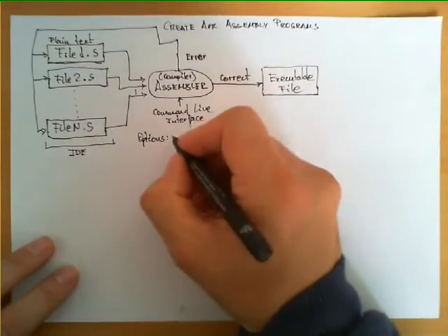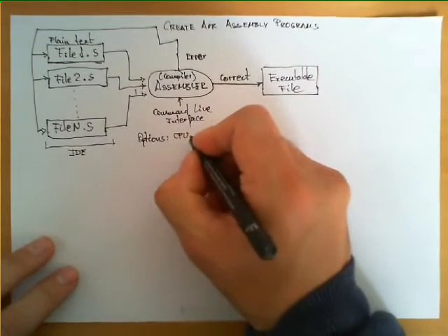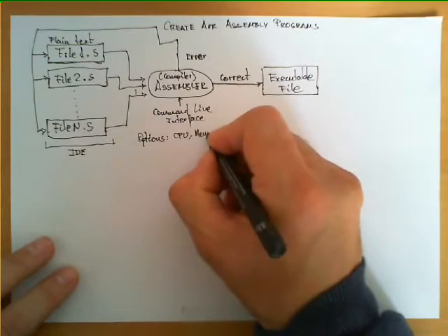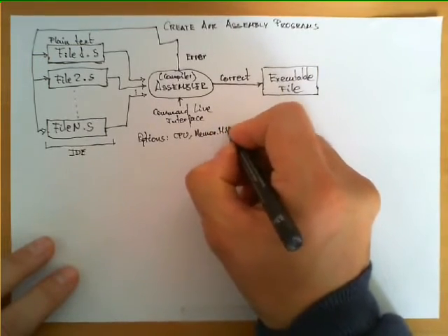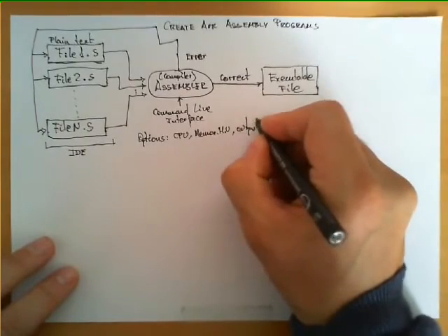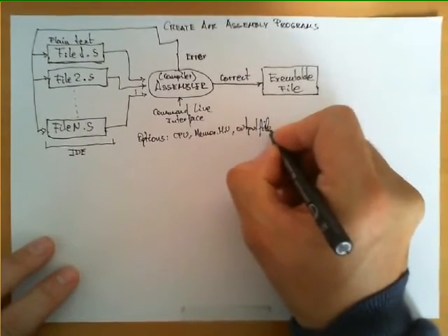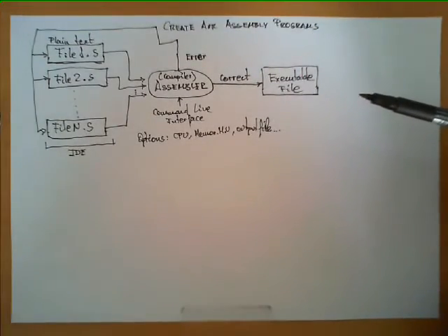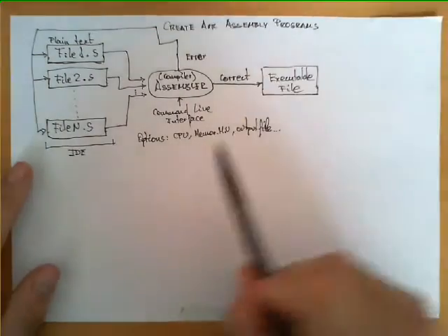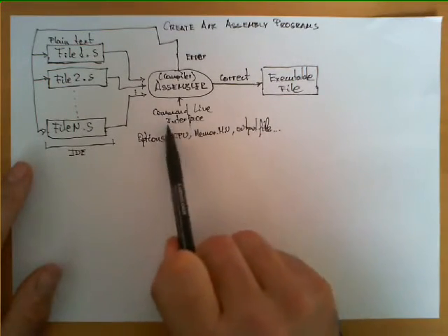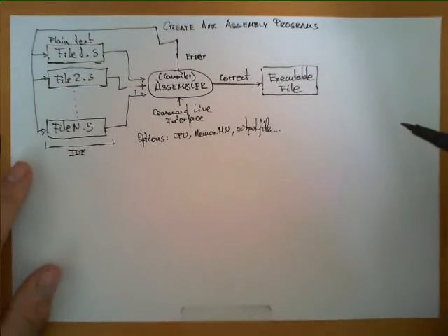For example, you specify the type of CPU you want the code translated to, or other, more obscure parameters like the memory management unit, or what kind of output file you want, etc. So think of this assembler or translator as a very versatile program that can do lots of things, and the way you specify which ones to do is through these options that are included in the command you type in the command line interface, or CLI.